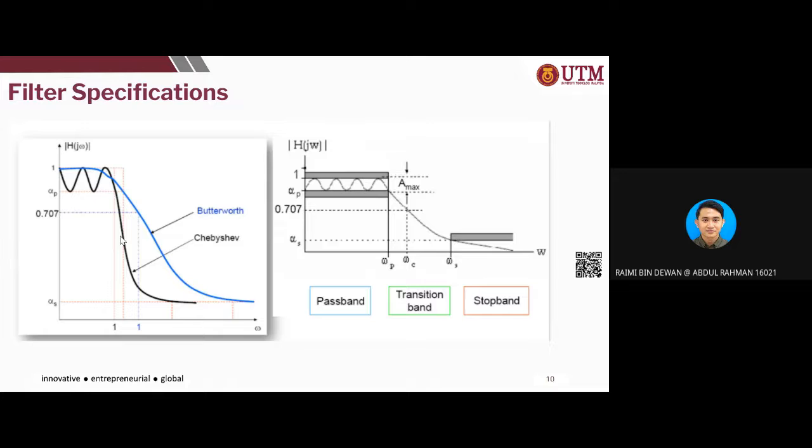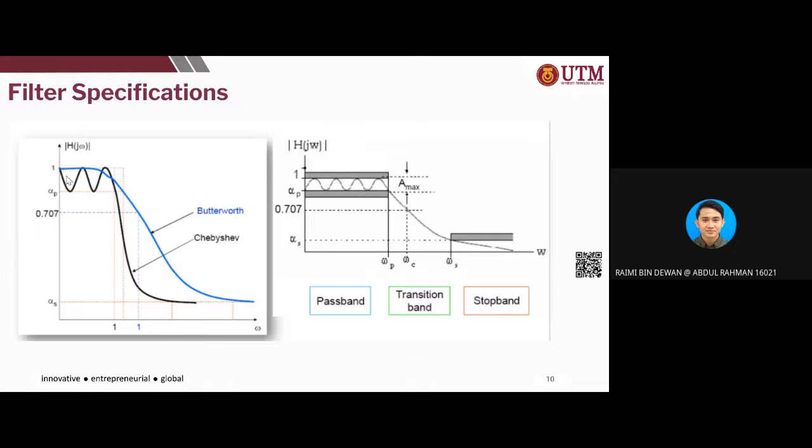However, Butterworth has a slow roll off. But Butterworth has a flat gain here, a flat pass band gain. So in terms of pass band gain, Butterworth is more towards the ideal filter because it's flat here.